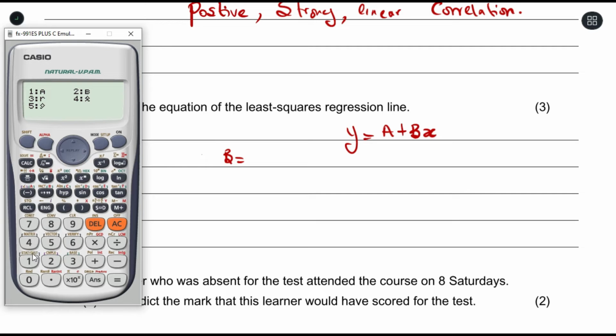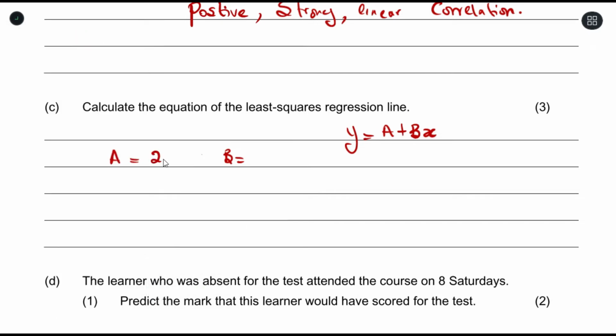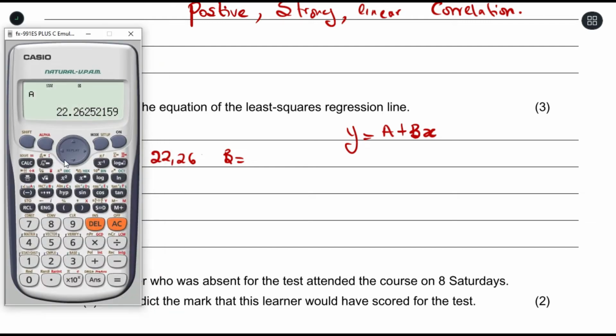See, 1 is A, B is 2, so we substitute 1, there you go, 22.26. So this A is 22.26. Then for B, we go back again, shift, stat, reg 2.